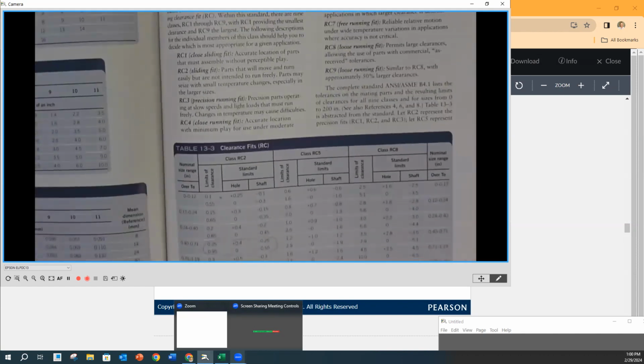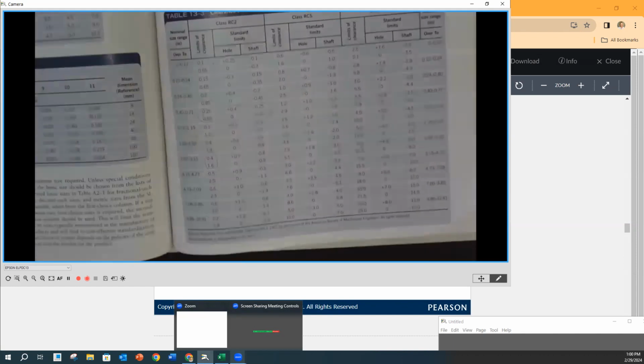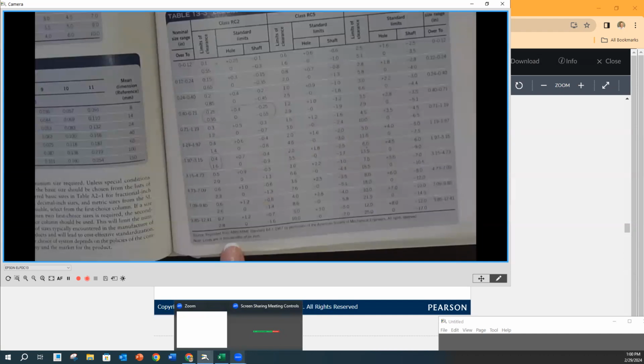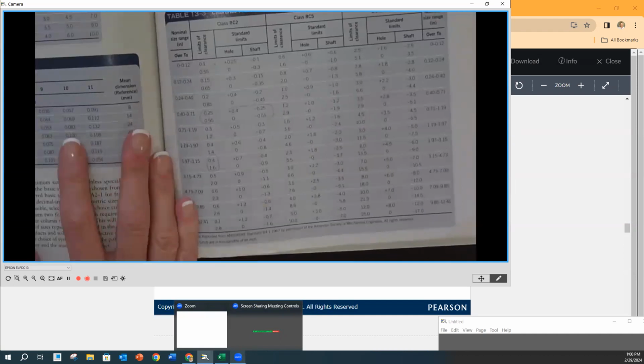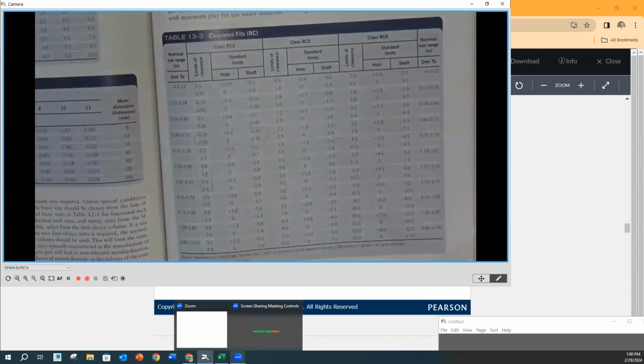Now, these charts are all going to be in, again, thousandths of an inch. So at the bottom here, it says limits are in thousandths of an inch. So all of these numbers where we see a decimal, we would actually move them 1, 2, 3 to the left for their actual value that we would apply plus or minus to our basic size. Okay. So when we do our example, we'll go over how to use this chart in detail.